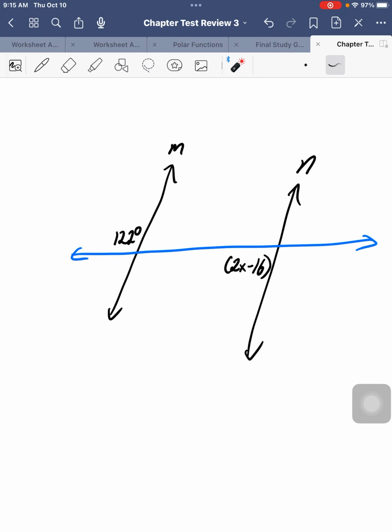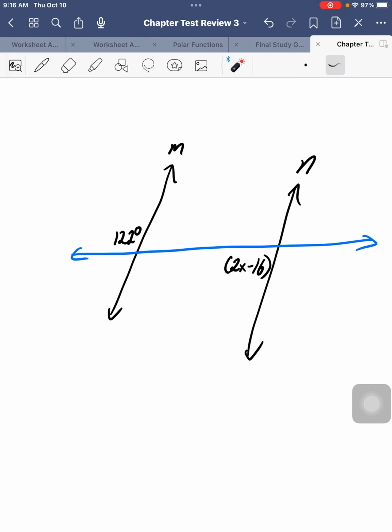Now, I know that this guy right here and this guy over here, they're not anything. They're not corresponding. They're not alternate interior. They're not alternate exterior. They're not same side. So you're probably thinking, man, how am I supposed to figure this out? They don't have anything in common. They're just random angles, and that's true.